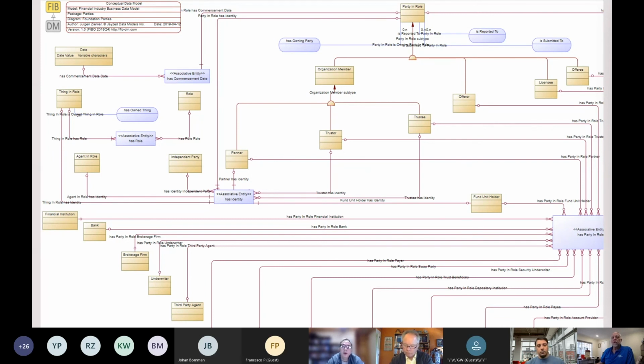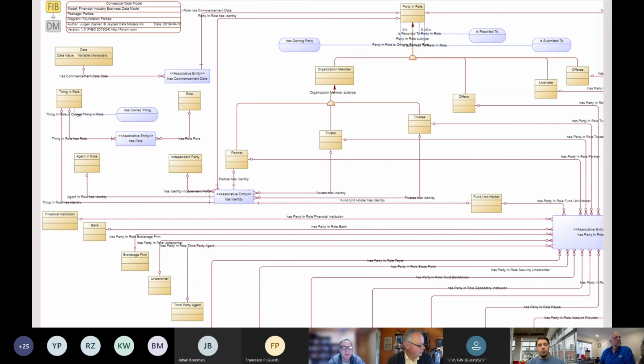Yeah, absolutely, Paul. One thing I do when I implement the FIBO is I take a scope, like out of the more than 2,000 entities, the 300 that I really need for the data requirements. Then I take the individual data items, throw them at the picture, and create attributes on the table.